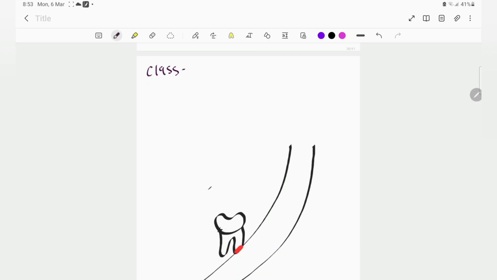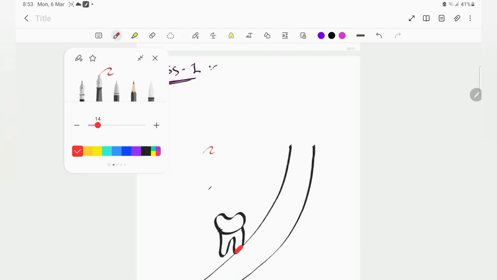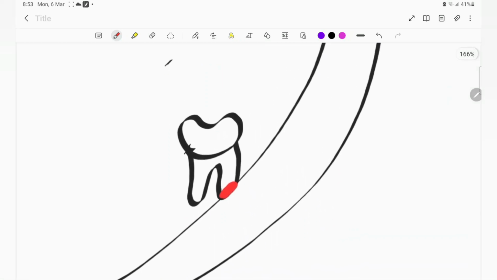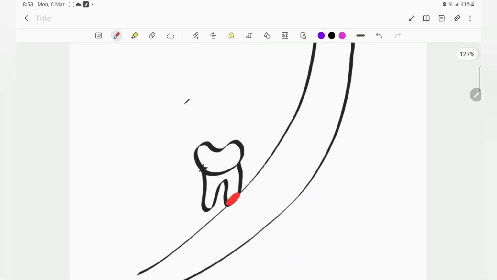This condition is nothing but our darkening of root. In this radiograph we can see darkening of the root of the third molar. How? You can see here, if the inferior alveolar canal is passing just approximate to the third molar, or I can say they are on each other, then we can see this darkening of root.